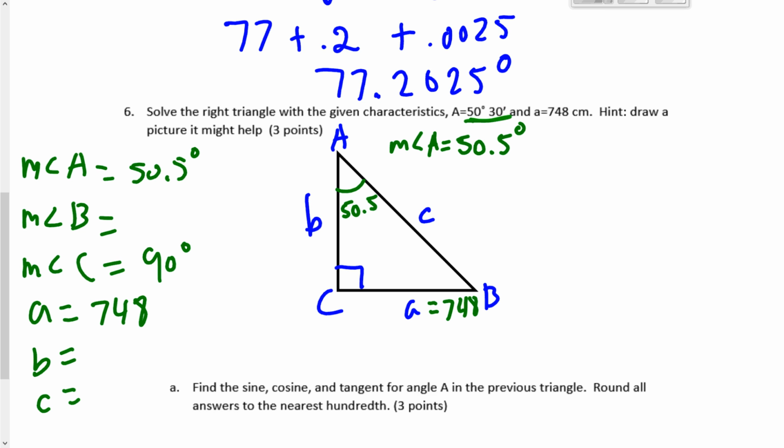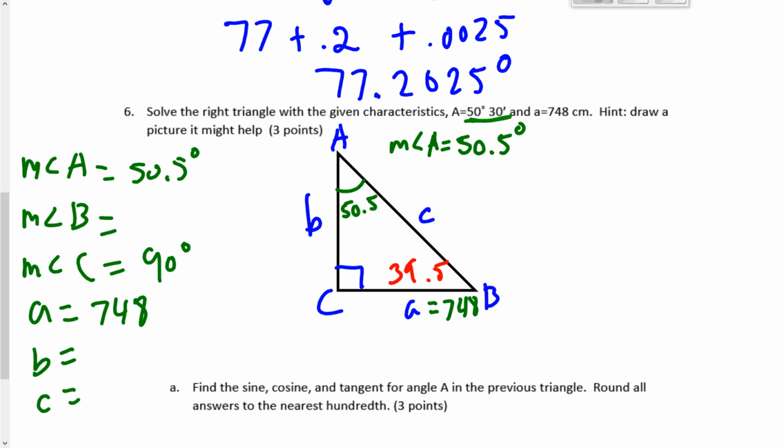So B we can find, right, because we know a triangle adds up to 180, so we can go ahead and take 50.5 and subtract 90 from that. And so we get 51 if we add 0.5, and then that's 51, add 9, that's 60, so 39.5, because that needs to add up to 90.